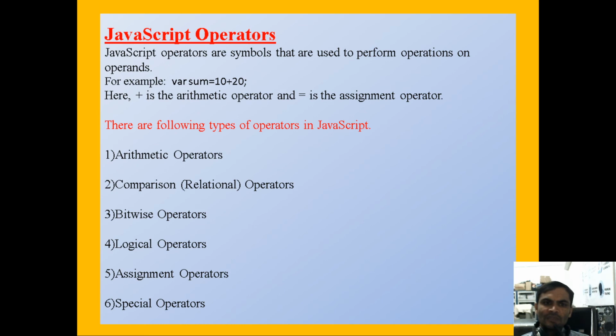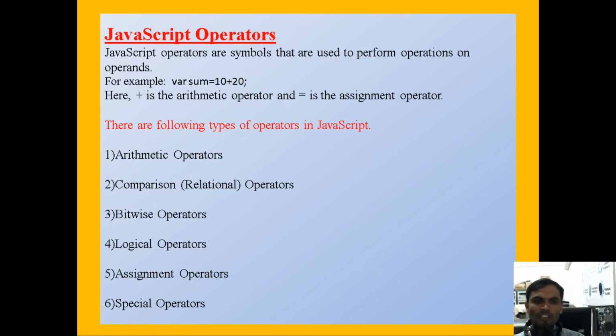Operand means the variable name we call an operand. For example, in the previous program, sum of two numbers, C equals A plus B. A and B are operands. Operator means here the plus is an operator. Which type of operator? Arithmetical operator.